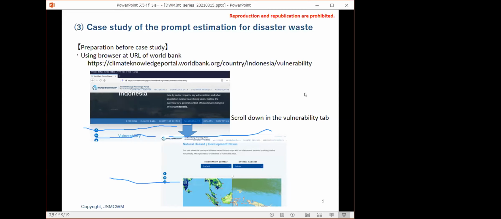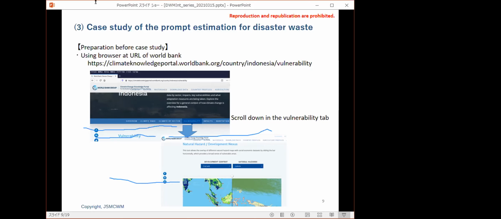But before starting the case study, we need to prepare to know the population density and to draw the affected area by using some tools. The first tool is the World Bank database.